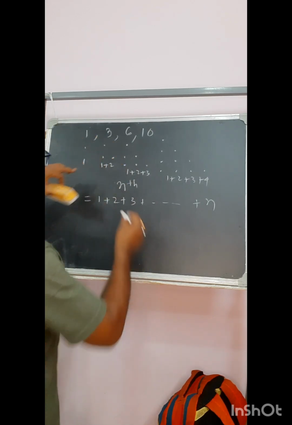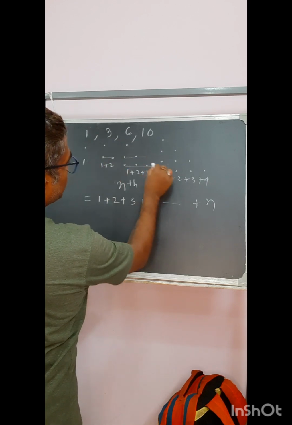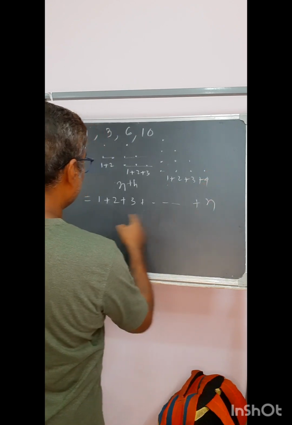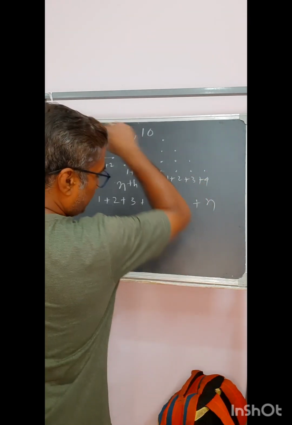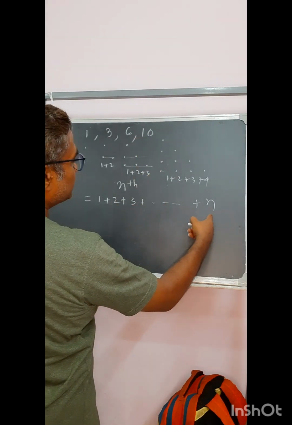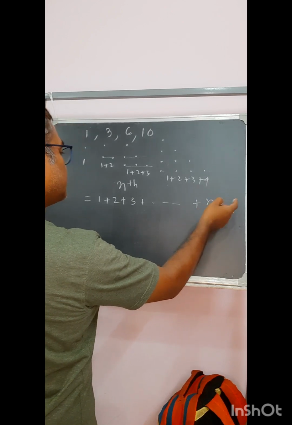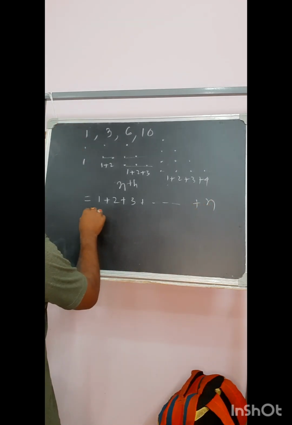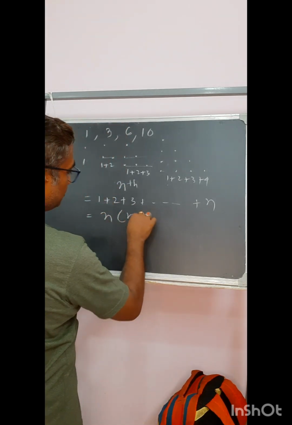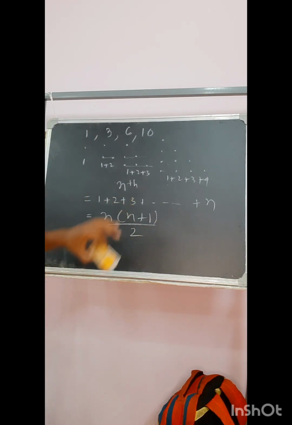So the number of rows needed to complete the triangle is added up to that natural number. That means the nth triangle has the last number added equal to the term itself. You know the sum of natural numbers is nothing but n into n plus 1 by 2. Now this is the first part.